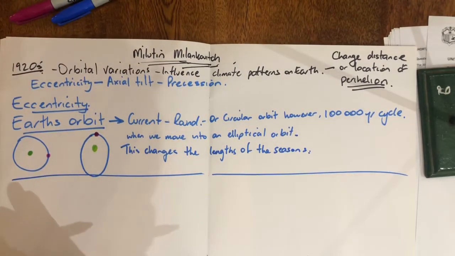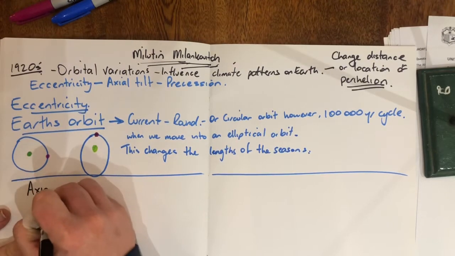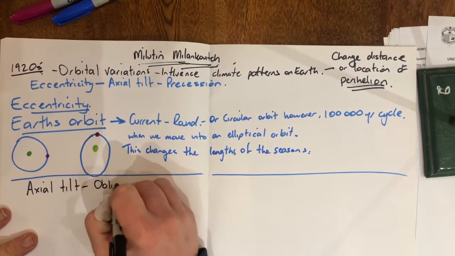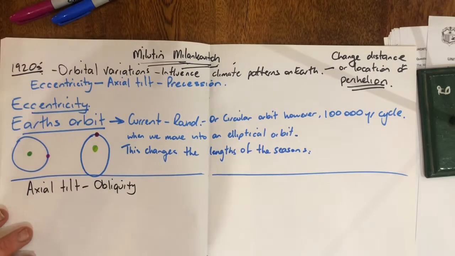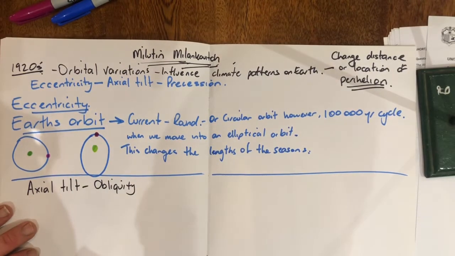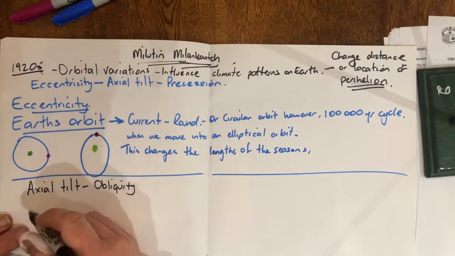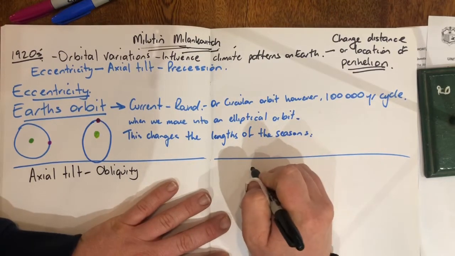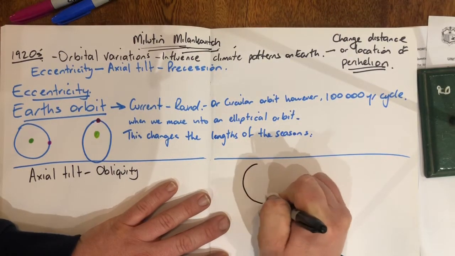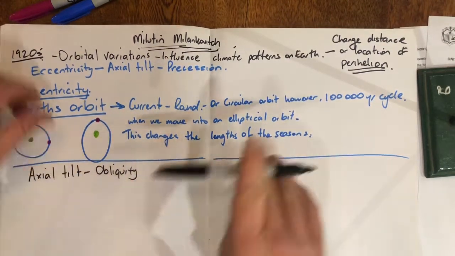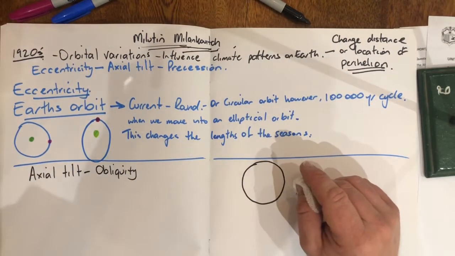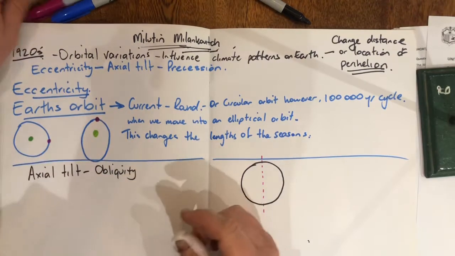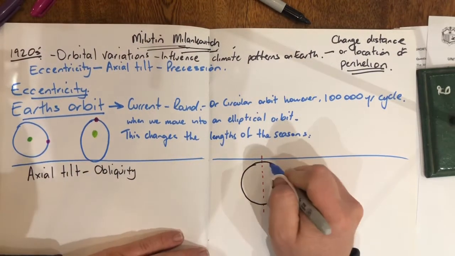We're going to go to the axial tilt, sometimes called obliquity. Okay. Currently, our axial tilt sits on a nice even 23.4 degrees. So if I was to draw Earth here, and here's our dead center, and we're going to draw in our tilt.